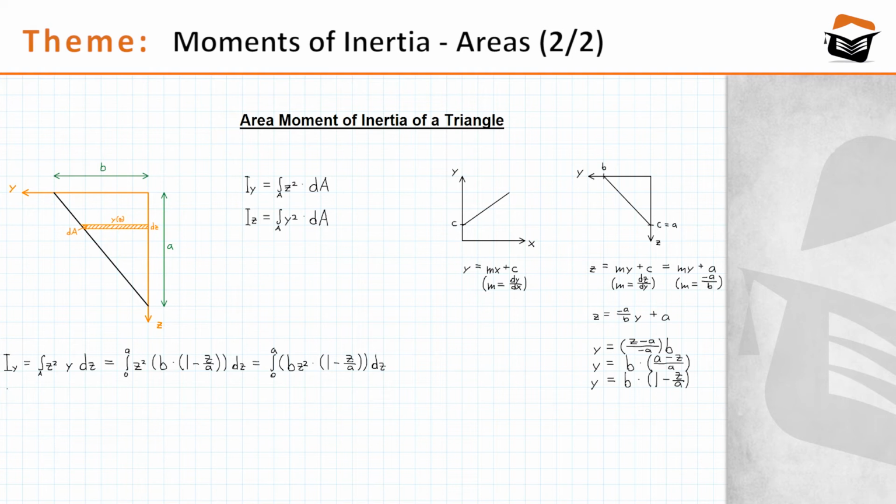I'm going to continue here. And that is equal to the integral from 0 to a of b times z squared minus, so now we need to multiply bz squared times minus z over a. And that's going to give us a minus b times z to the third power divided by a.